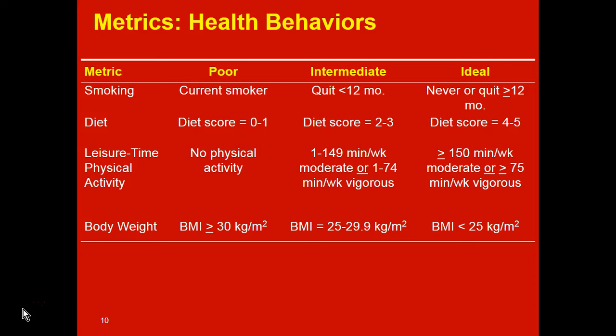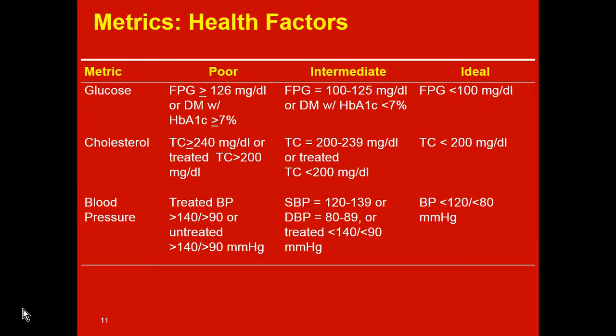Body weight is defined in 3 categories for BMI: normal weight, overweight, or obese. Again, when we talk about the health factors of glucose, cholesterol, and blood pressure, these are all based on different standard guidelines that are available for the various metrics. So we have poor categories if you are in a diabetes range, a high cholesterol or a hypertension range.